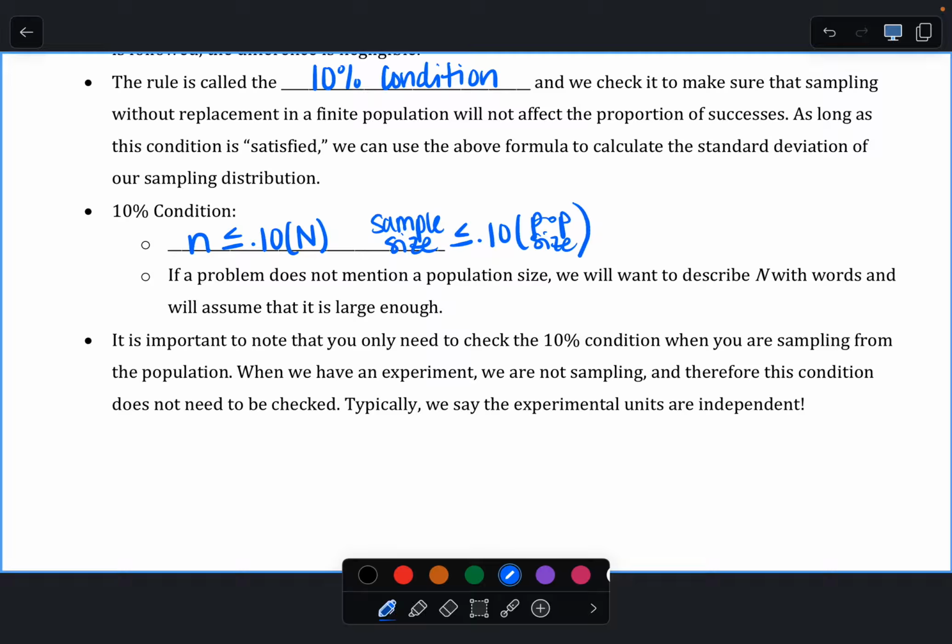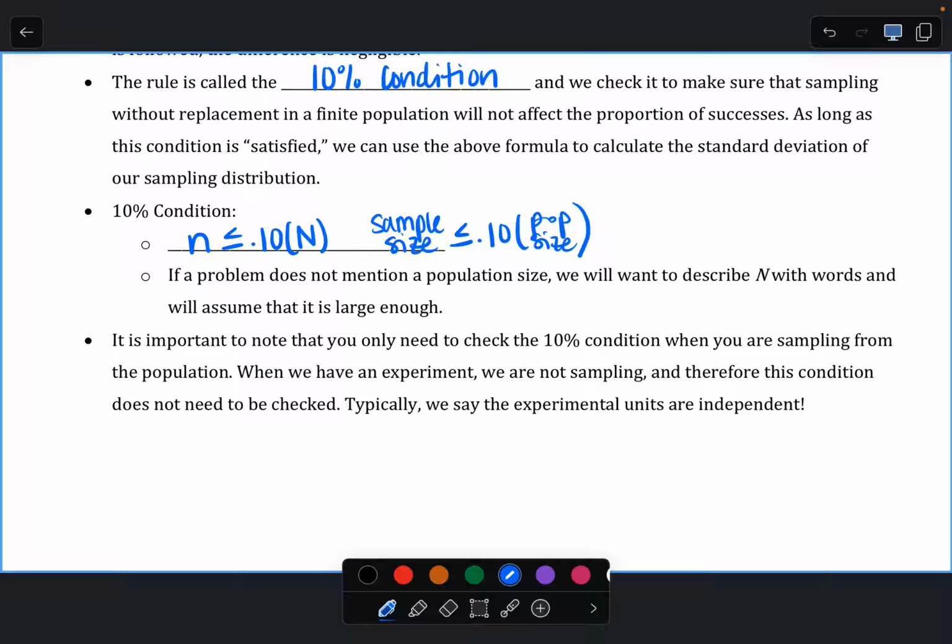Now, the reason why we're spending so much time building these up is because these conditions are not things that they give you on the AP formula chart. You do get the formula for mean, you do get the formula for standard deviation, but there's nothing on there that tells you, have you checked randomness? Have you checked independence? Have you checked the large counts condition?